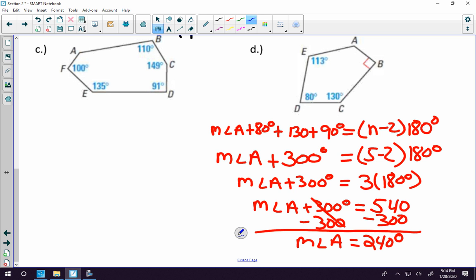What we were doing to find the sum of the interior angles on this page was taking the number of sides minus 2 times 180 degrees. And then we were combining like terms and subtracting to find the missing angle measurement. We're still now going to use how many triangles are inside of this convex polygon. We're just adding the fact that it's now regular.